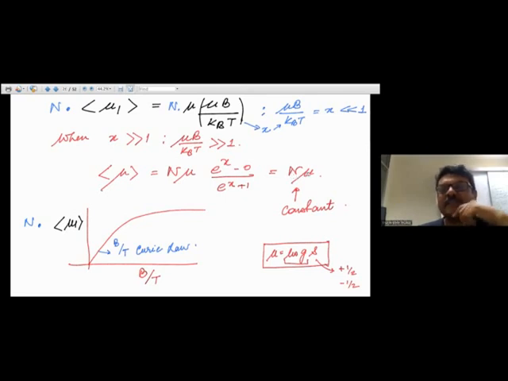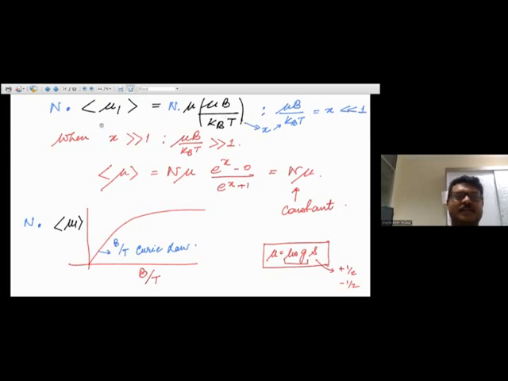So this is essentially static. This is at high values of mu B by kBT. When the magnetic field is very high, then the total magnetic moment of the sample becomes nearly constant. It's not changing, and that's because most of the spins are anyway pointing in the direction of the magnetic field.